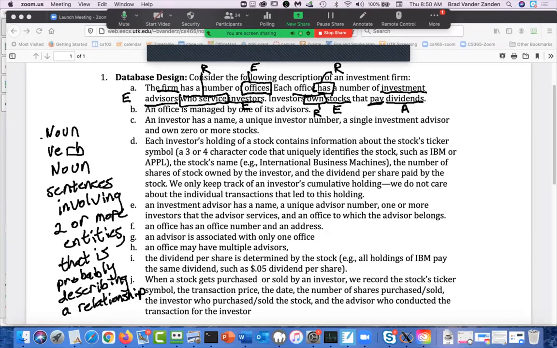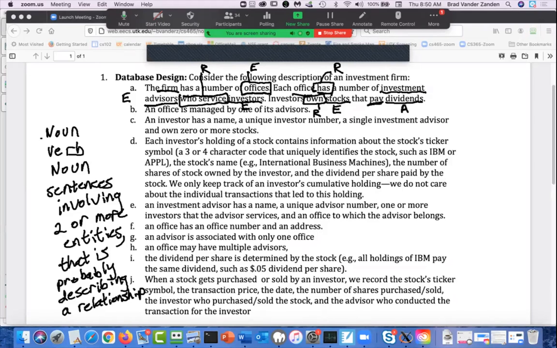Now you could still say, well, wait a minute, you talked about strong and weak entities, and a weak entity depends on a strong entity, like a task depends on a project for its existence, or a room depends on a hotel for its existence. So just because it depends on something for its existence doesn't mean it's not an entity.